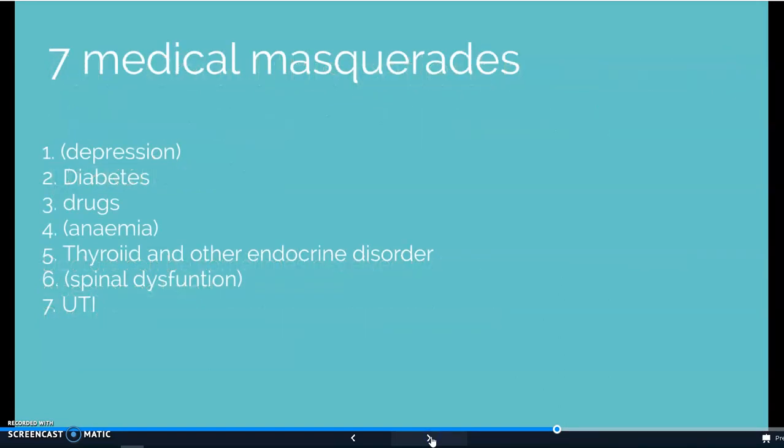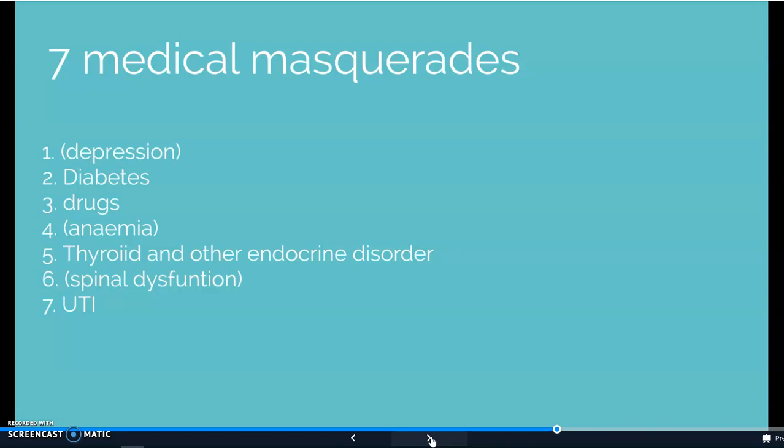Okay, these are the 7 medical masquerades. If you read the masquerades: depression, diabetes, drugs, anemia, thyroid and other endocrine disorder, spinal dysfunction, and UTI, these diseases actually can present with many symptoms which are not specific to a system or an organ.